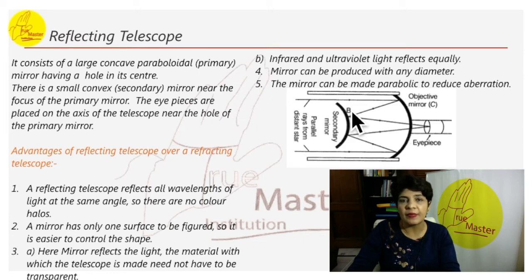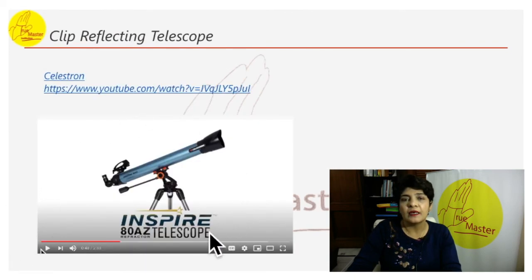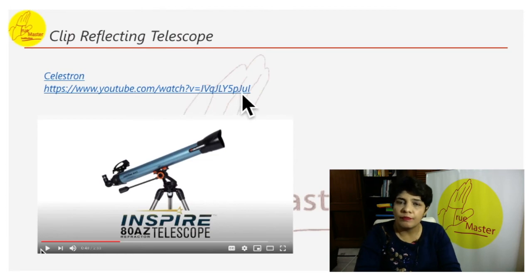This is a small clipping which I have taken to show you a reflecting telescope. This is available on YouTube. This particular link, Celestron has provided it. So I'll just play it, and you can watch the complete video as well. This is just showing you a brief of a few telescopes. This is how the focal length is measured.